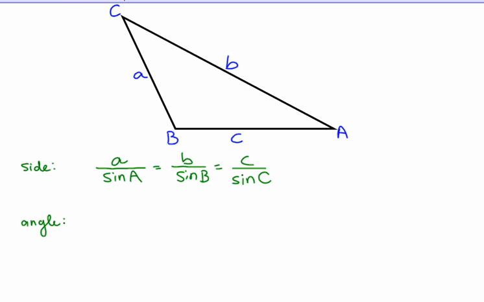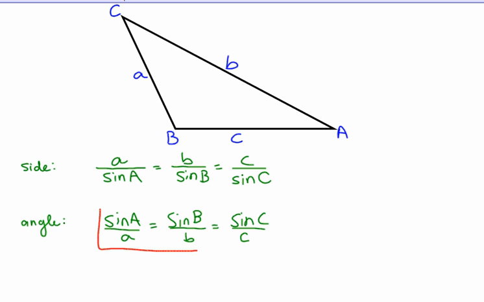So we change the formula to be sine A over A equals sine B over B which equals sine C over C. Now, of course, in the actual problem, we're only going to set two ratios equal to each other. We don't want to use all three at once. We don't need to.